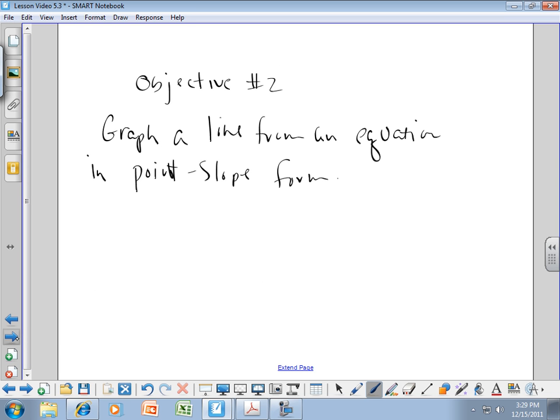Now, the objective 2 in this section, they want you to actually graph an equation if it's given to you in point slope form. Okay? So I'm writing an equation in point slope form here. Can you see the point that comes from this equation?